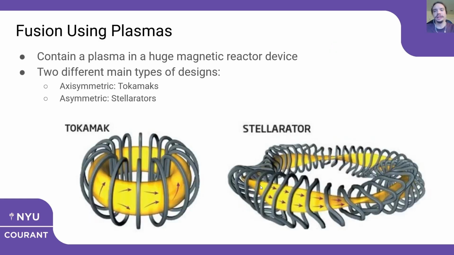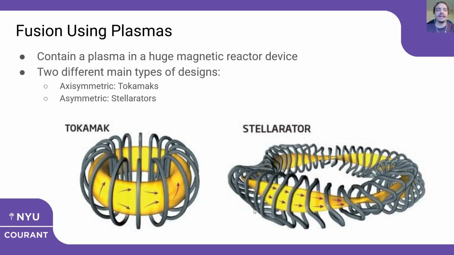How are we going to do something like this? I mentioned that our reaction needs to be really hot but really well controlled. It turns out the right tool to use is a plasma. I'm going to tell you what a plasma is in just a moment. And how do we contain a plasma? Well, we use a big magnetic reactor device. There are 2 kinds. The axisymmetric ones, these symmetrical ones on the left, are called tokamaks.